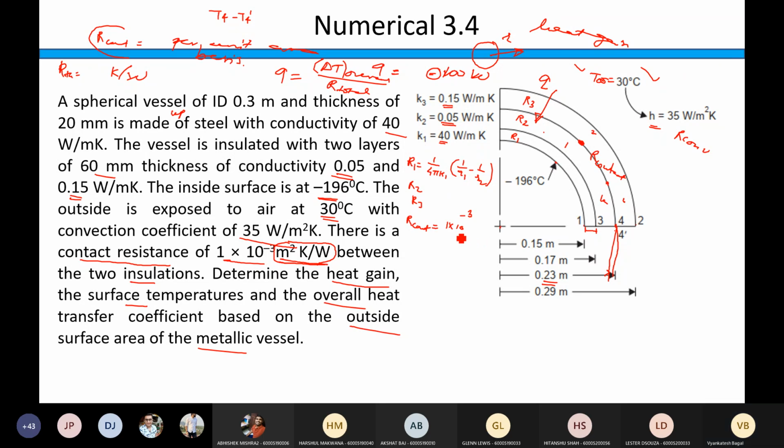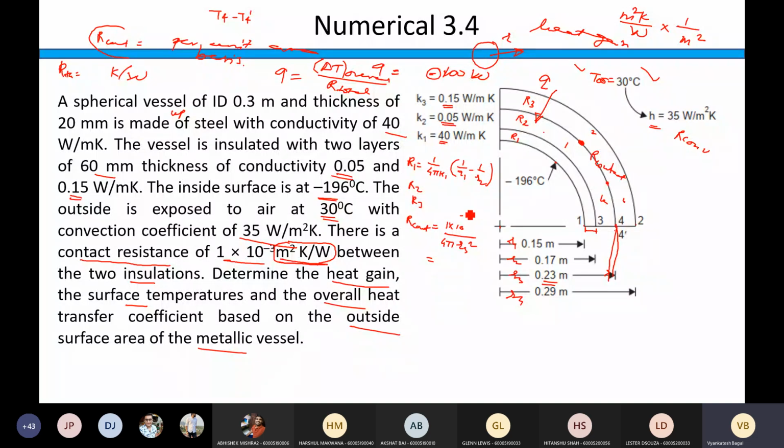Remember this, so this 1 into 10 raised to minus 3 unit, meter square Kelvin per watt, you have to divide by the area in meter square. Then this will get converted to Kelvin per watt, right? So divide this by the area at this radius. What is the area of the sphere? 4 pi r3 square. Now this is R1, R2, R3, R4, right? So it will be based on this radius. Is it clear?